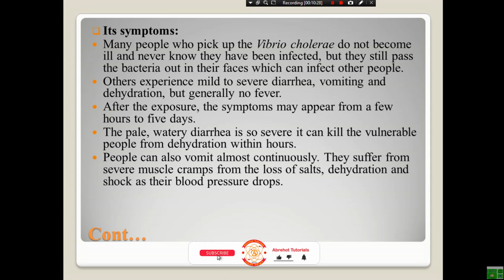The pure watery diarrhea is so severe it can kill vulnerable people from dehydration within hours. People can also vomit almost continuously. They suffer from severe muscle cramps from the loss of salts, dehydration, and shock as their blood pressure drops.